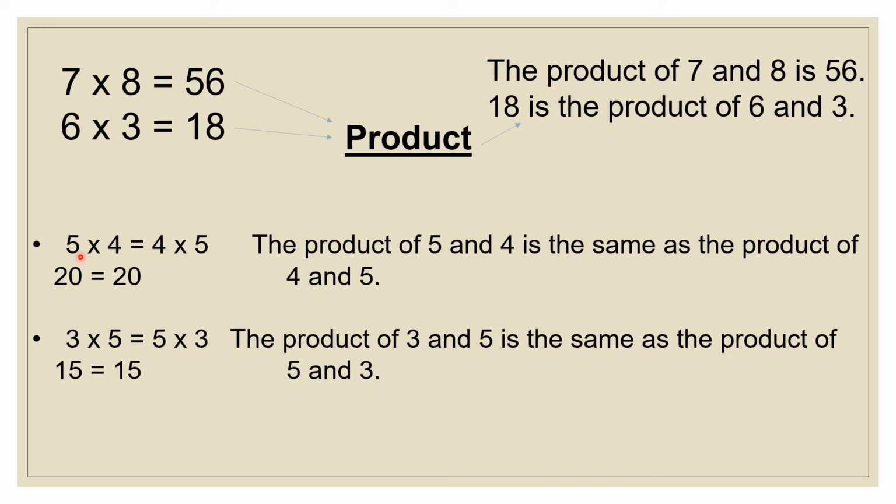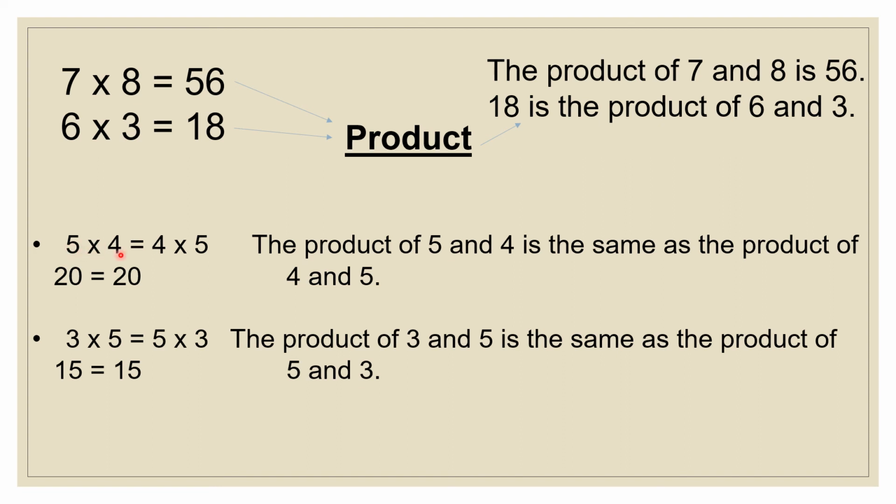Now, you can see here, what is 5 multiplied by 4? 5 into 4 is 20. And what is 4 multiplied by 5? 4 multiplied by 5 is also 20. 3 multiplied by 5 is 15. 5 multiplied by 3 is also 15. So what am I doing here? I am just changing the order of the numbers.